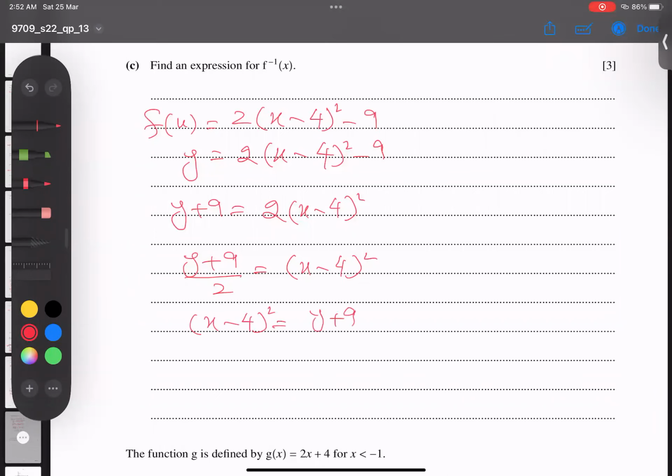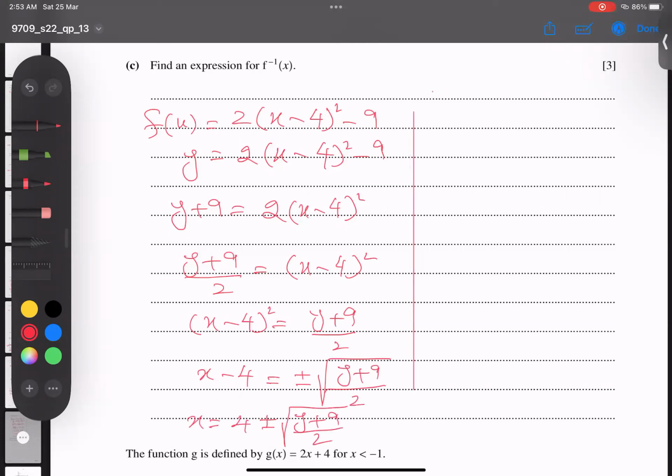Whenever we switch the sides, no sign will change. Now how do we remove the power 2? Take the root of both sides, and here plus and minus will come. The most important part is the sign here. I'm going to decide it, don't worry. And now this 4 will add there, so ultimately I get this kind of shape.